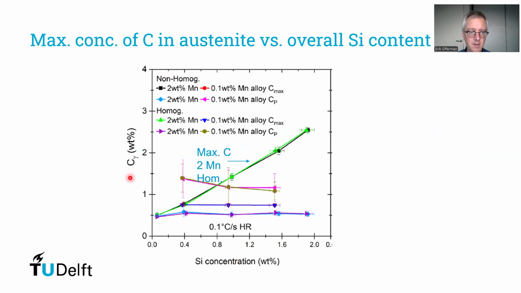So then you can calculate what the austenite concentration is, depending on the silicon concentration of the alloy, and for the homogenized material. And these are the points where we have the maximum driving force. And you can see that the carbon concentration can be very high, up to the point where you reach or come close to the maximum solubility of carbon in the austenite.